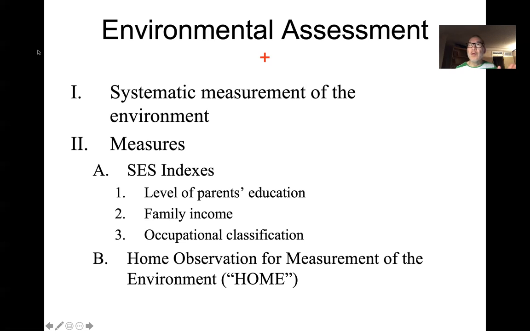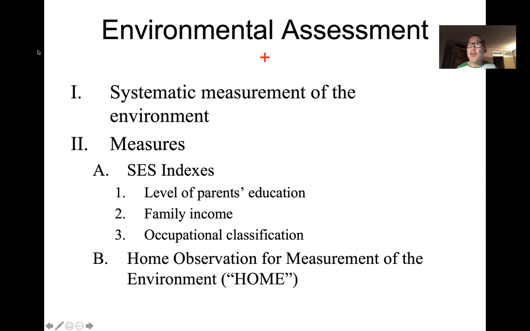Most SES indices will take into account the parents' level of education, family income, as well as occupational classification, which suggests things in terms of their financial circumstances, resources, as well as opportunities for intellectual, occupational, professional advancement.